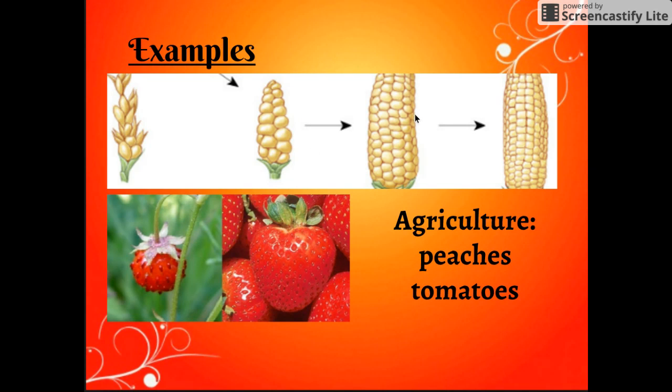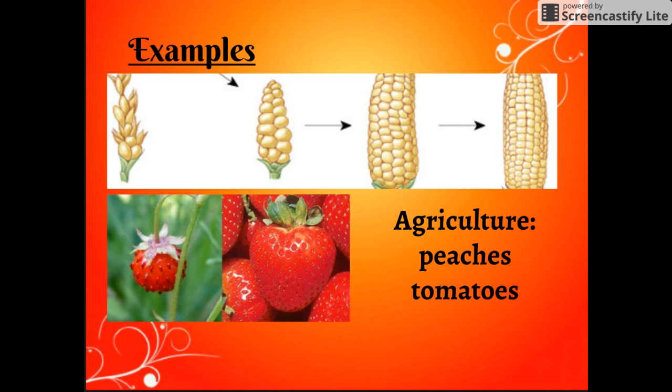And then you just keep taking the desirable seeds that people think are going to yield more or better crops, and then they just keep planting them. That's artificial selection. Same thing with different types of produce, so peaches, tomatoes, strawberries, things like that.